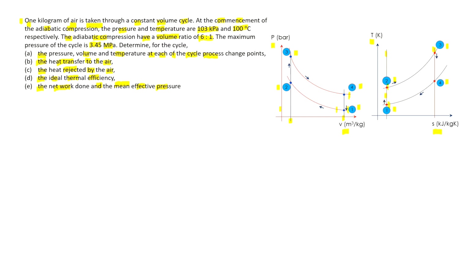The arrows are all in clockwise direction. Remember, for the PV diagram, the area is work, and for the TS diagram, the area represents the heat flow. So that is W and that is Q.